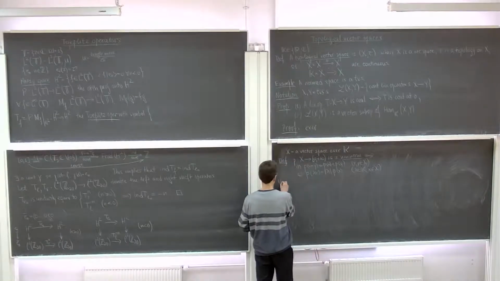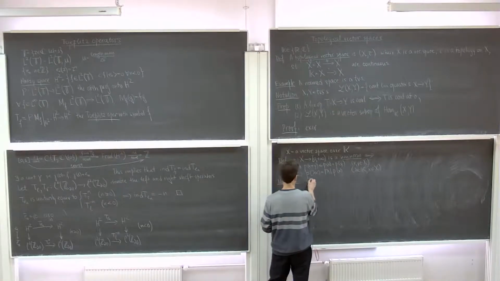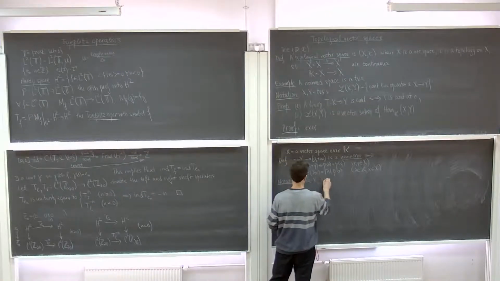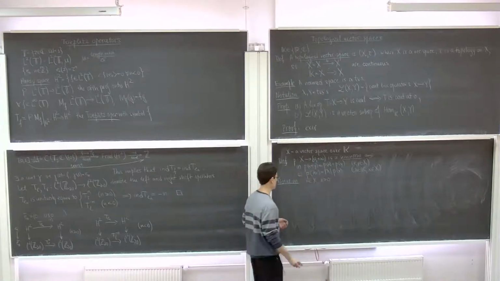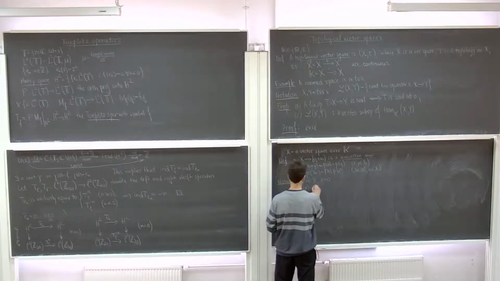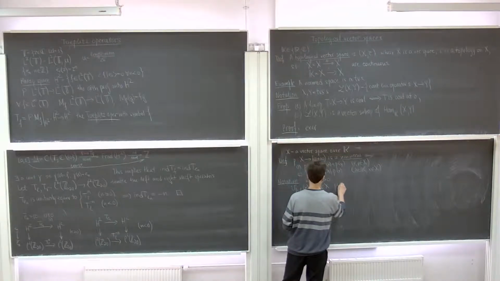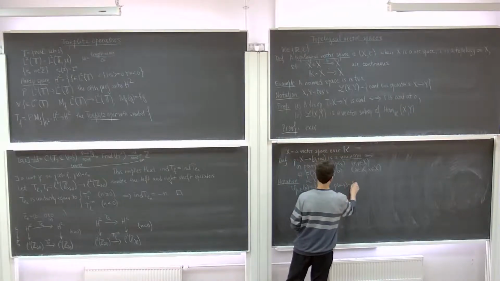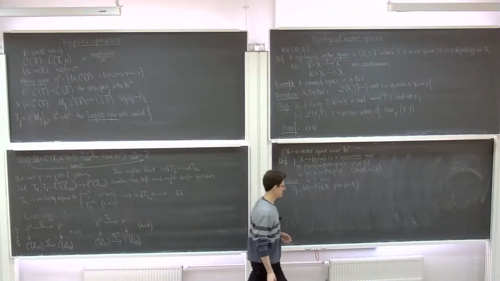And let's also introduce the following notation. If little x is an element in our space, epsilon is a positive number and P is a seminorm, then we denote by U_{P,epsilon}(x) the following set. It's the set of all y satisfying the following inequality. So in a sense, this is an open ball.